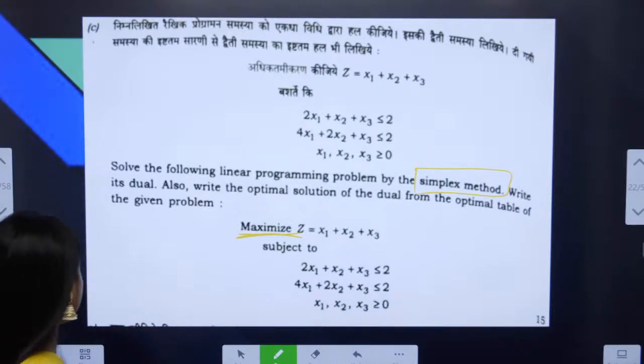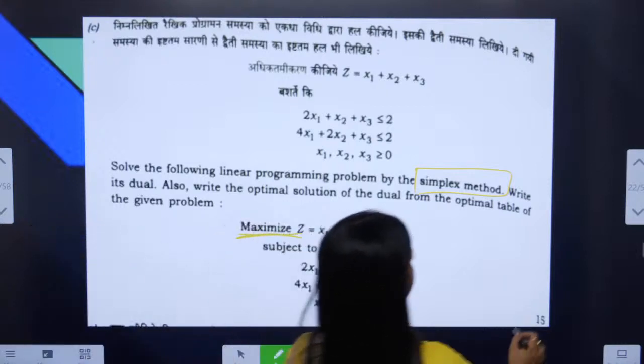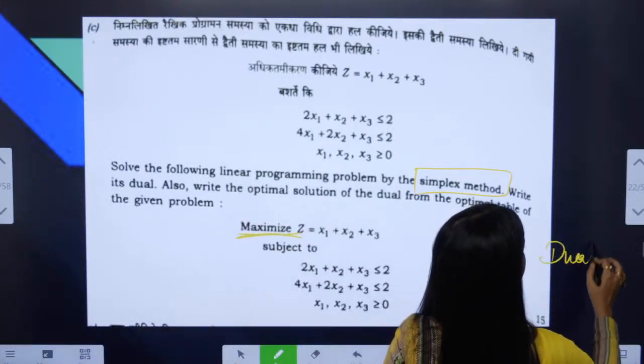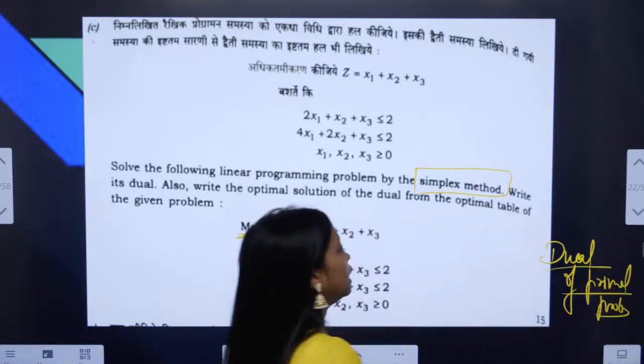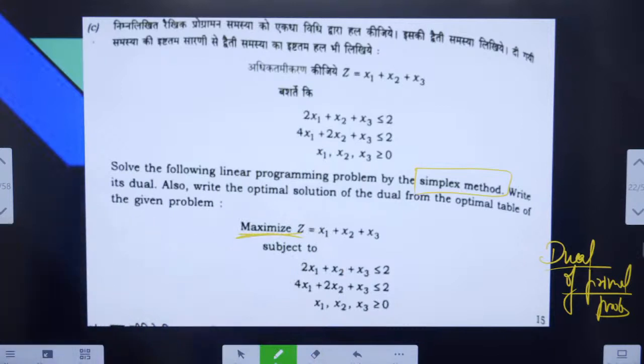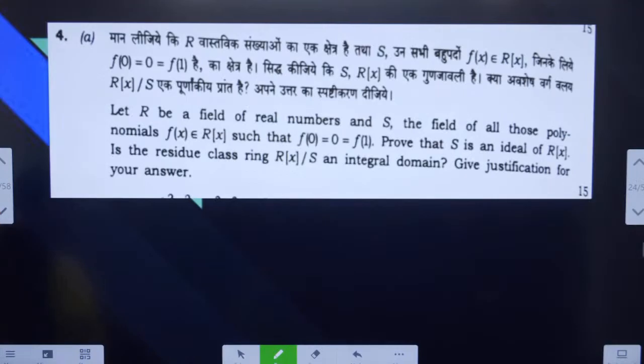So one additional part that you have to do is calculate the dual of the primal problem. Okay. So this was just the direct application of the simplex method in LPP.